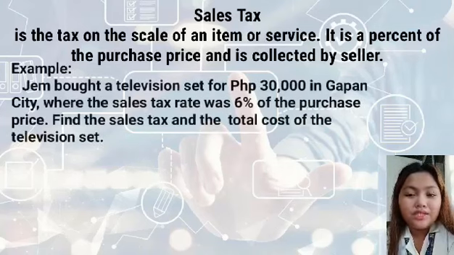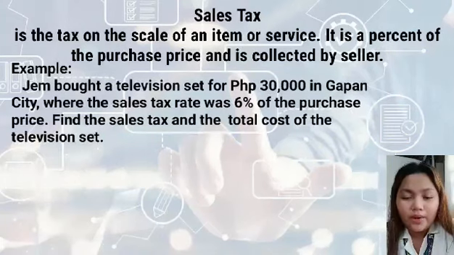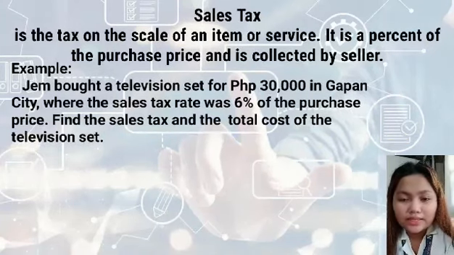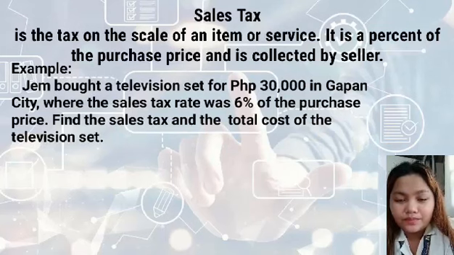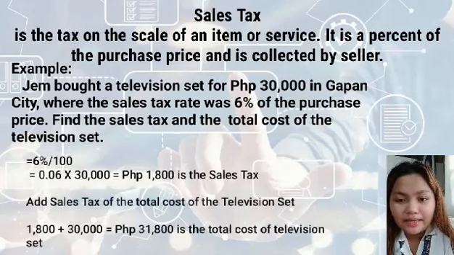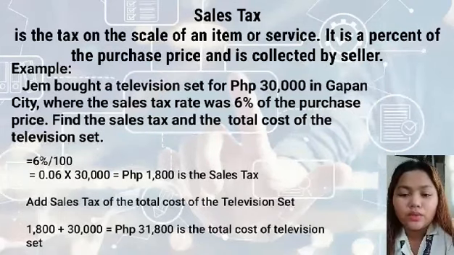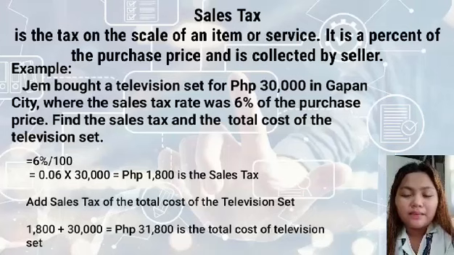Example, Jem bought a television set for only 30,000 pesos in Gapan City, where the sales tax rate was 6% of the purchase price. Now, find the sales tax and the total cost of the television set. 6% divided by 100 is equal to 0.06 multiplied by 30,000 is equal to 1,800 pesos is the sales tax.